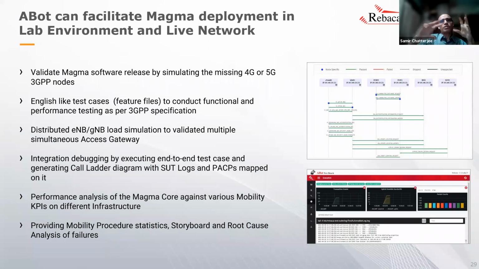And then, as I mentioned, with the Magma solution, where you will have these access gateways across the network, you need an ability to simultaneously stress the different access gateways deployed across the network, which we can do with this distributed eNodeB, gNodeB load simulation.